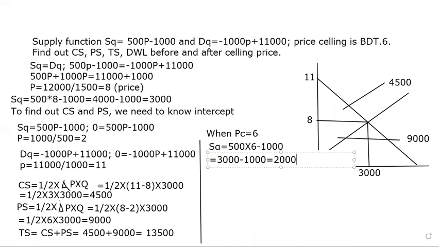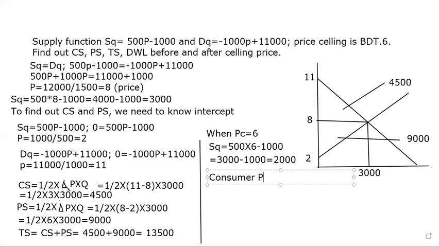So for 2000 quantity supplied, what will be the price in the market to be paid by the consumer? We use the demand function to find out the consumer price.